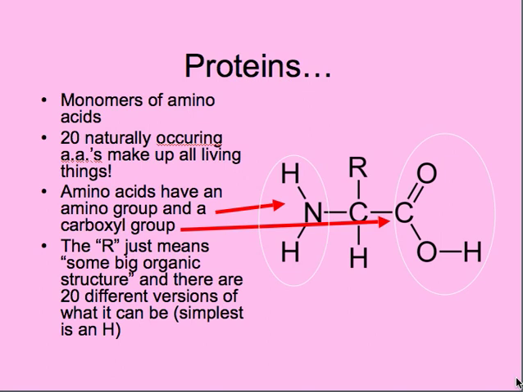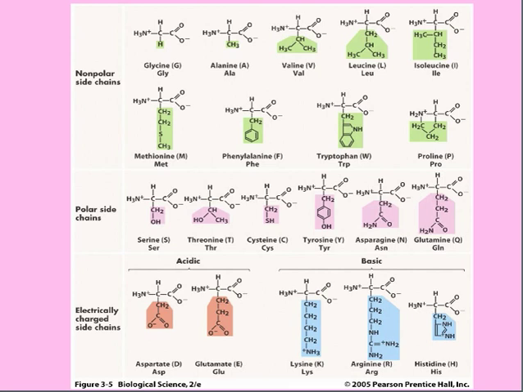The carboxyl group will give up its hydrogen, which is what makes that an acid again, and the hydrogen will often stick to the nitrogen there, the amino group, because that is basic in nature. So just don't be surprised when you see that or alarmed by that.